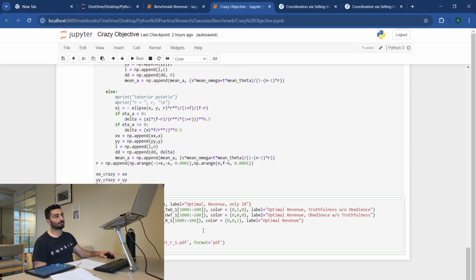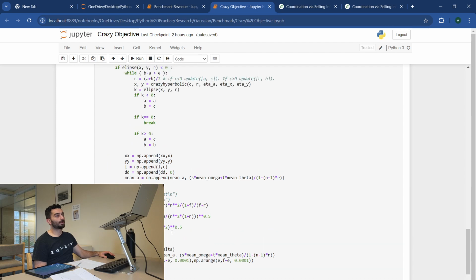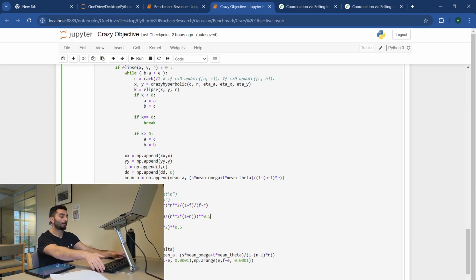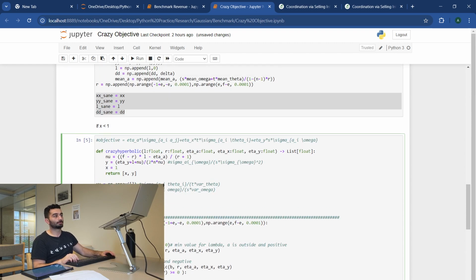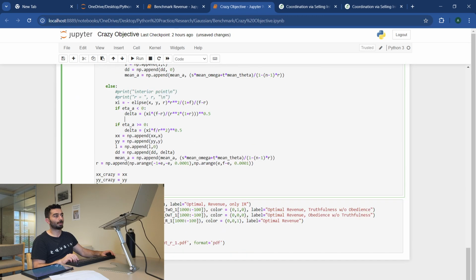I mean, where is if eta a is negative? Actually, it is also giving delta. Eta a is negative. We are second binding. Negative, second PSD bind, sigma AIJ. I have it here.